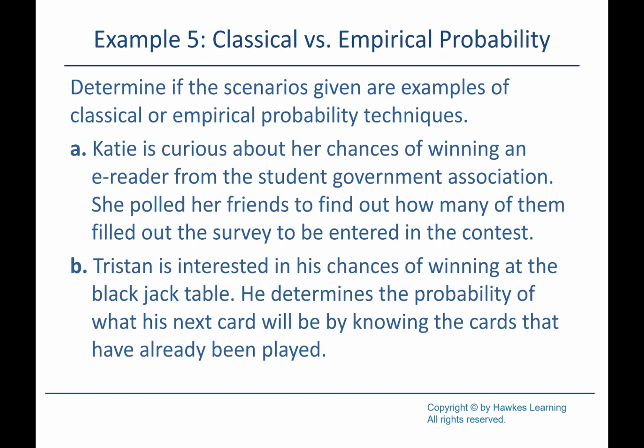She would have to know how many there were in all. But on this one, she didn't do that. Instead, she just talked to her friends. So it's like she just talked to some of the people and figured out if they entered the survey. So she's just doing her own little experiment here. So this one would be empirical. That is a little tricky.